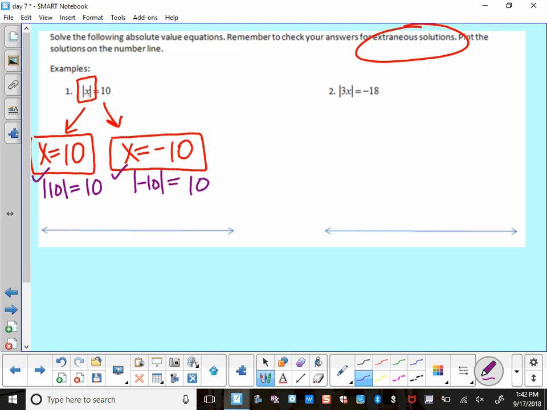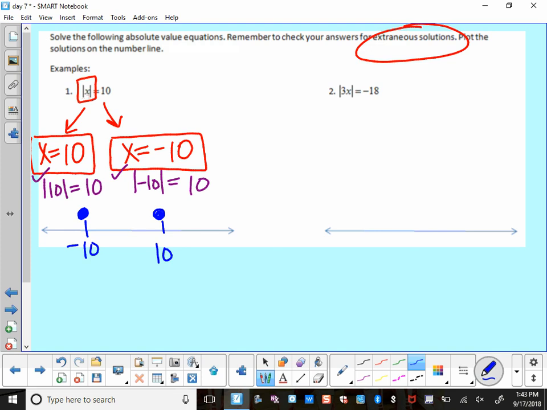You guys don't have a number line because I forgot to give you one. But you can just draw it at the very bottom and write -10 and +10 and closed dots. It's always going to be closed dots. Always.